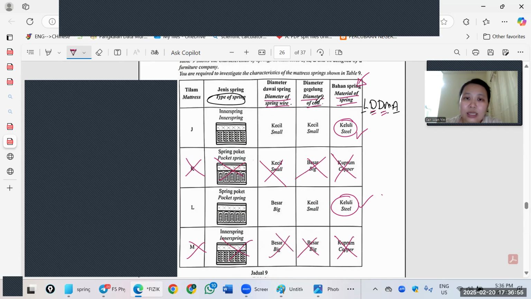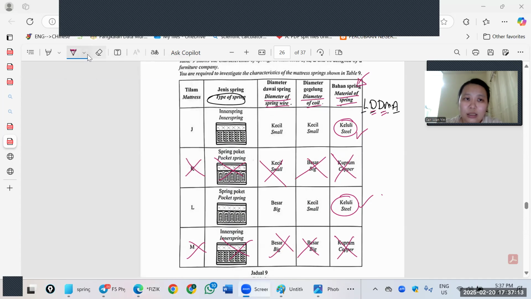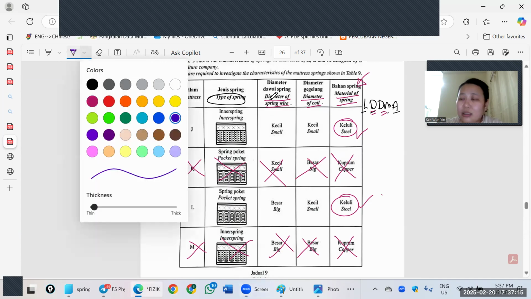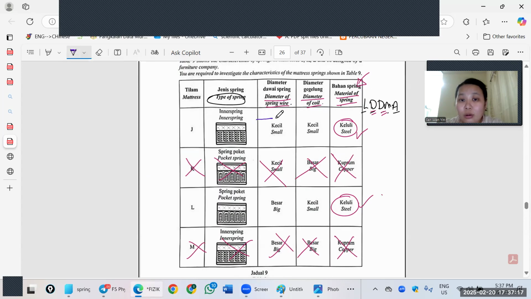Okay, right now, can you recall what is diameter of spring wire and diameter of coil? Okay, so can you translate? Diameter of spring wire we also call what of wire?